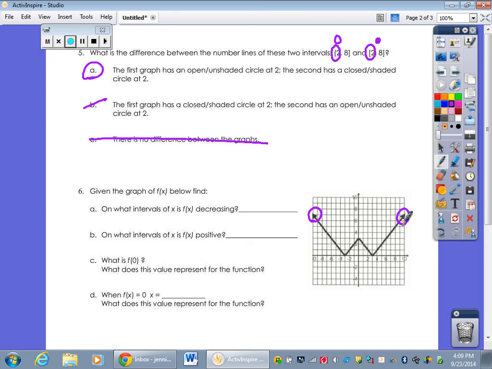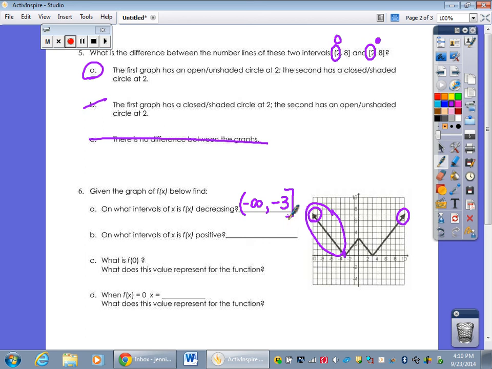So that means that it's coming from infinity and it's going to infinity. So from -infinity, and we always use parentheses with infinity, up to this point right here, this whole part right here is decreasing. So from -infinity, that arrow tells us -infinity, up to -3, and we want to include -3, it is decreasing.